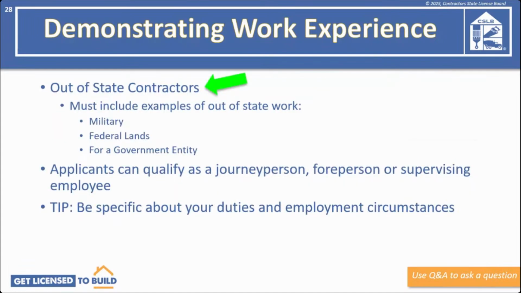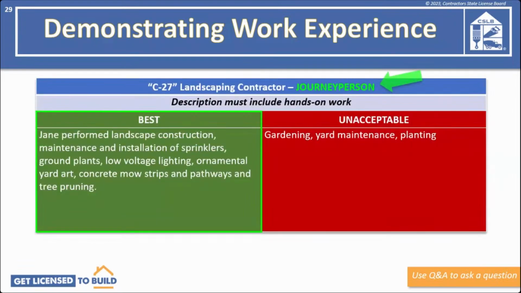For out-of-state contractor experience, the description must include examples of work done that were out of state, military, on federal lands, or work for a government entity. Applicants can qualify as a journey person, foreperson, or supervising employee. A tip: be specific about your duties and employment circumstances. Our next example is for the C27 landscaping contractor, first for experience at the journeyman level.